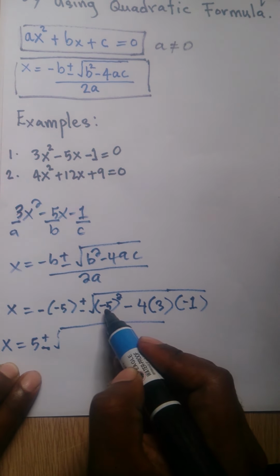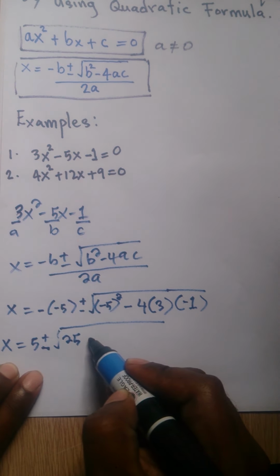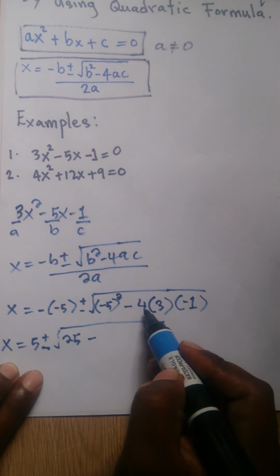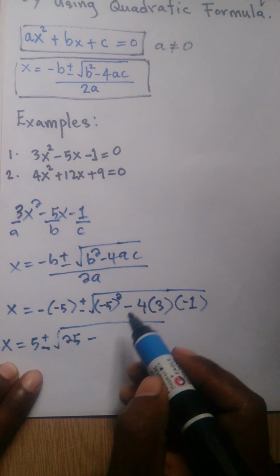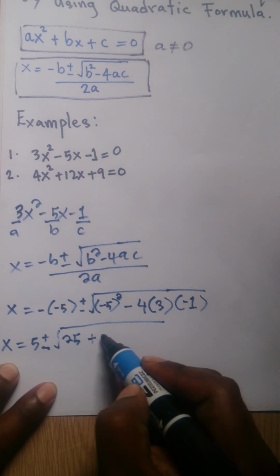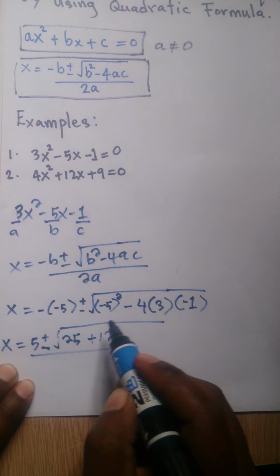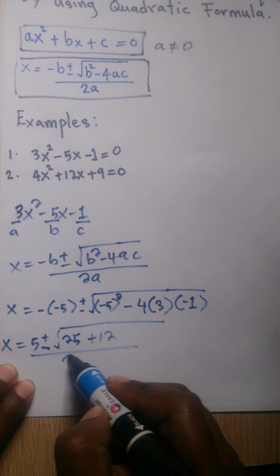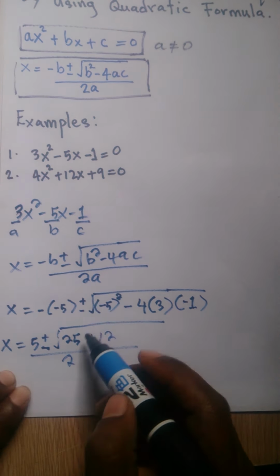Negative 5 squared is a positive 25, minus 4 times 3 is 12. 12 times negative 1, we have a positive 12, all over 2a. Our a is 3.